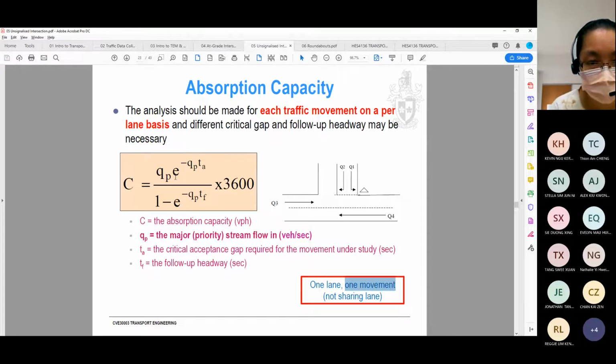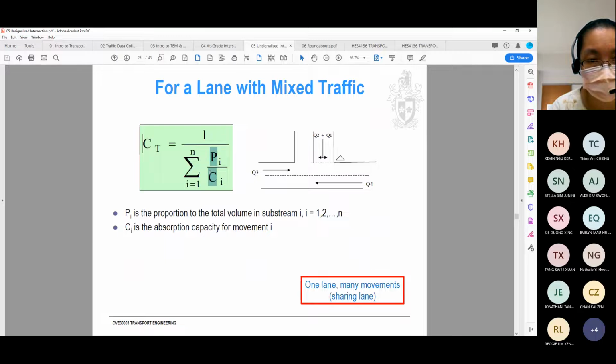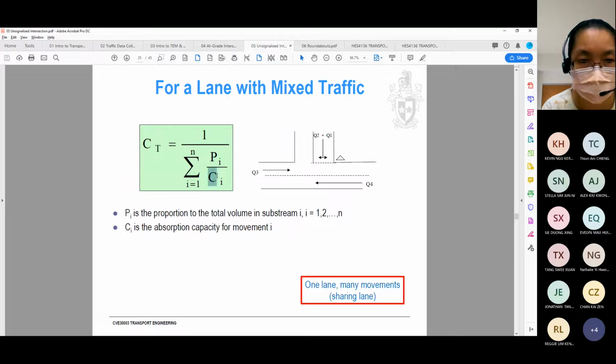So this is the formula for non-sharing, and this is the formula for a sharing lane. If you have two movements sharing one lane, then you are calculating with this CT formula. But you still need to calculate the previous capacity, because this is then used in this formula here.